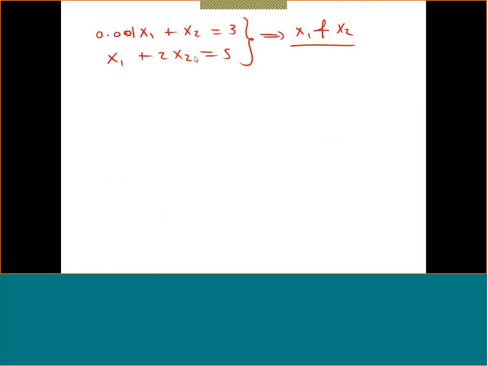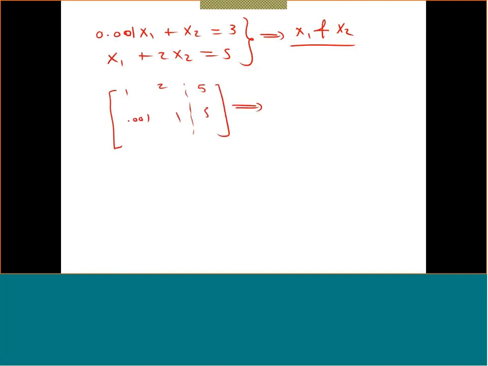If you try to solve it with partial pivoting, then clearly I need to reorder the equations. So this has to be first: 1, 2, and 5, then 0.001, 1, and 3.